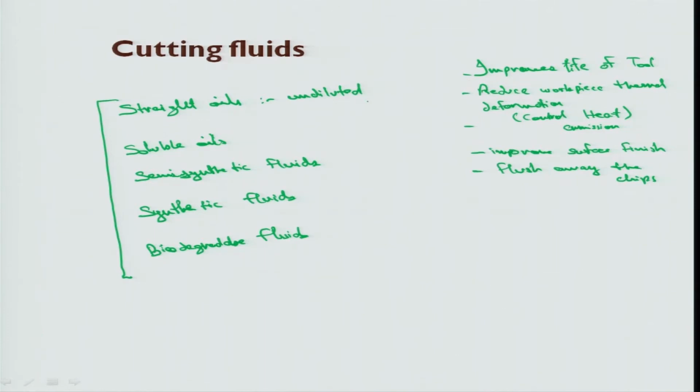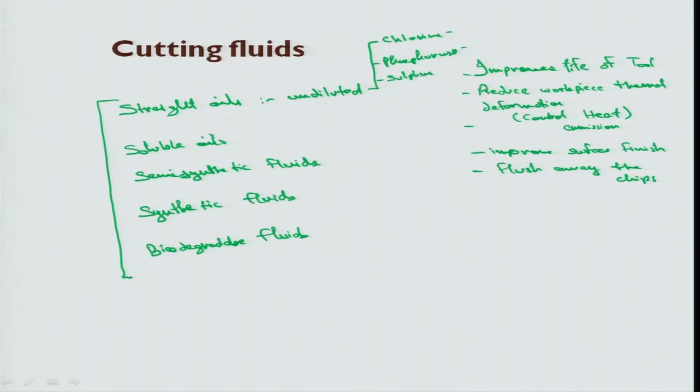And the major additives here are chlorine, phosphorus and sulfur. So these are the elements that are not very environment friendly, this phosphorus and sulfur here.